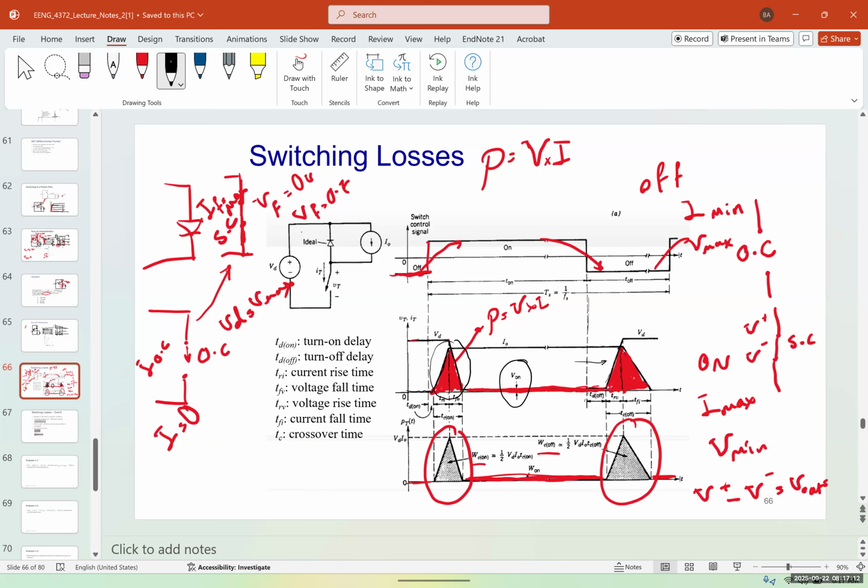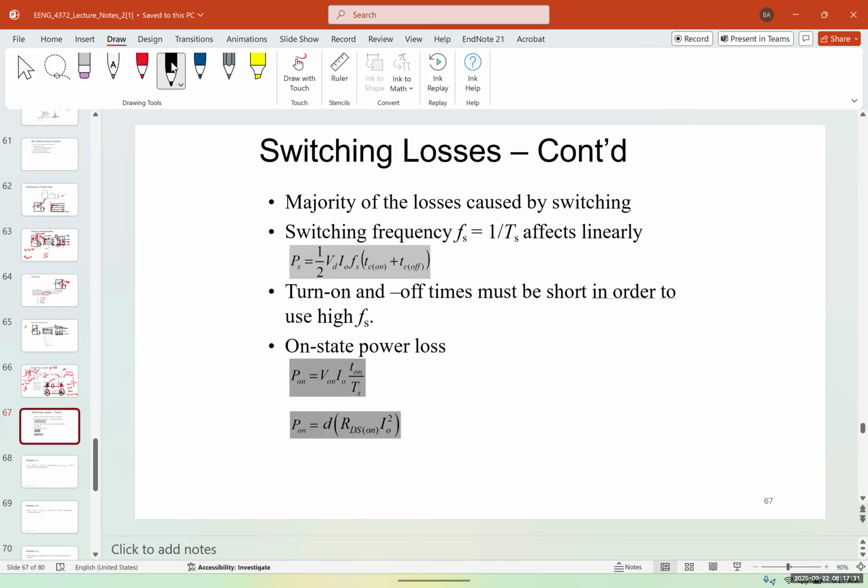Now, to measure these two losses in turning on and turning off the switch, we can just find the area under the graph or the curve, and this would be our loss. And again, the majority of the losses is caused by switching itself.